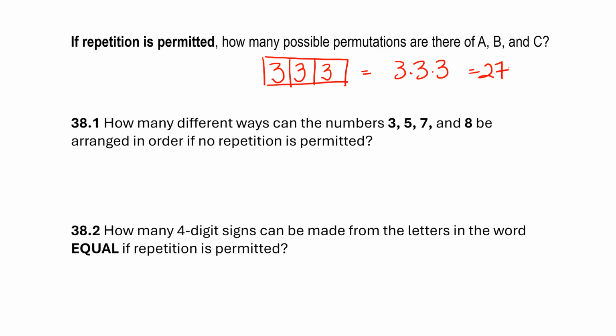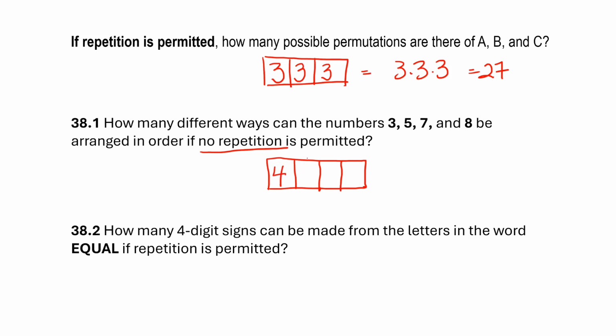Example 38.1: how many different ways can the numbers 3, 5, 7, and 8 be arranged in order if no repetition is permitted? So no repetition, you're going to arrange these 4 numbers in order, so you're going to have 4 boxes to fill, 4 positions for these numbers. The first box, you've got 4 choices, 3, 5, 7, or 8.